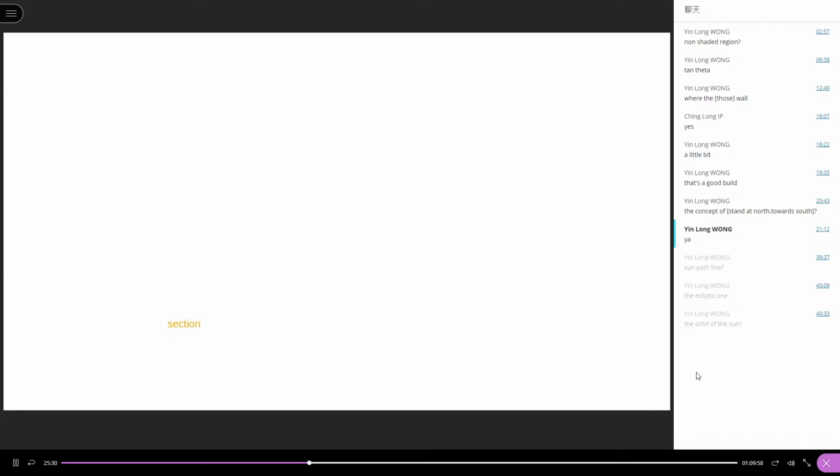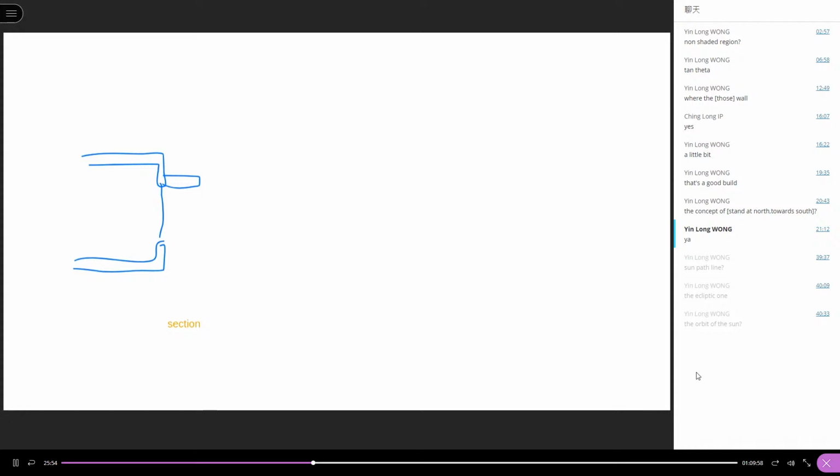This is a flat. I have a window over here, and the external shading could be an overhang. This is an overhang.